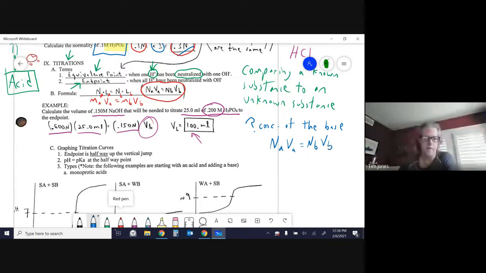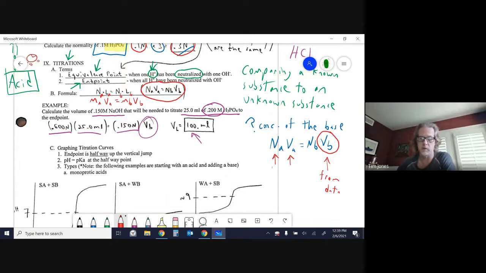And what'll happen is you will know the concentration of acid, and you will know how much acid you're starting with, and you will add base, keep adding base until you reach the endpoint, at which point you can then plug in that volume from your data.